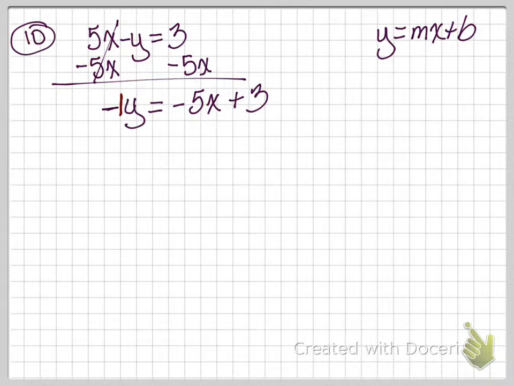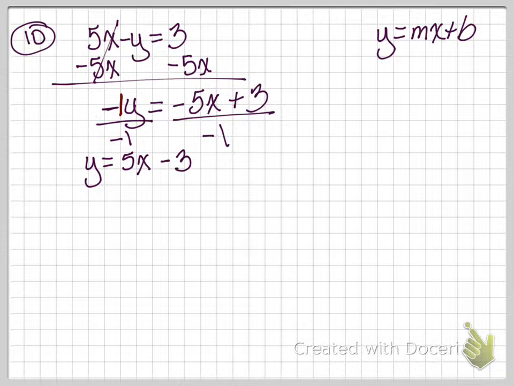That may help you to actually physically write a 1 right there. Then I'm going to divide everything by negative 1. So then I'm left with positive 5x, because a negative over a negative is a positive, minus 3, because positive 3 over negative 1 is a negative.